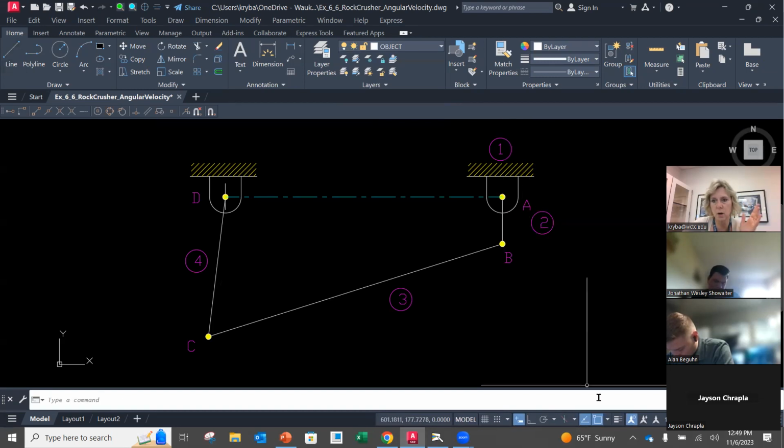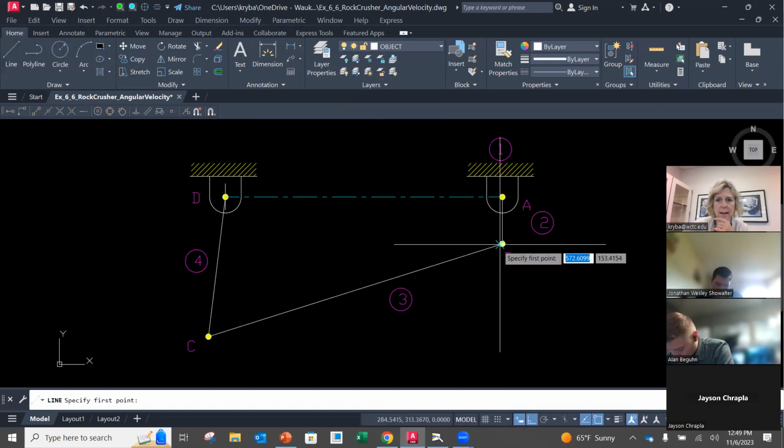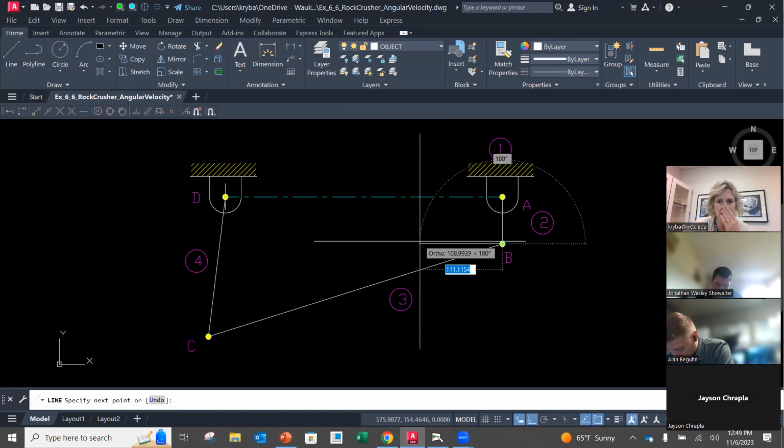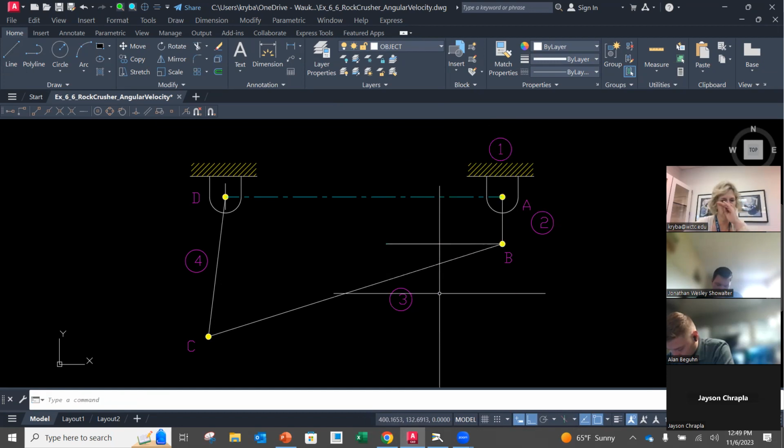Now it's vertical, so I can use my ortho mode, and I can just simply draw a line from the center, the endpoint of that perpendicular to. I'm not going to worry so much right now about arrowheads because I have to find its magnitude in just a second.